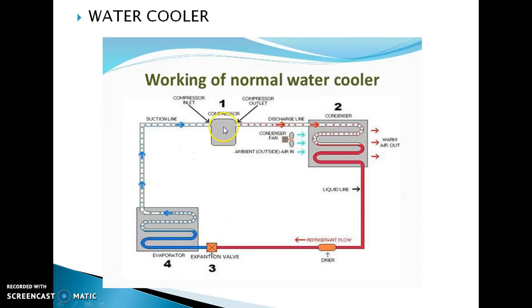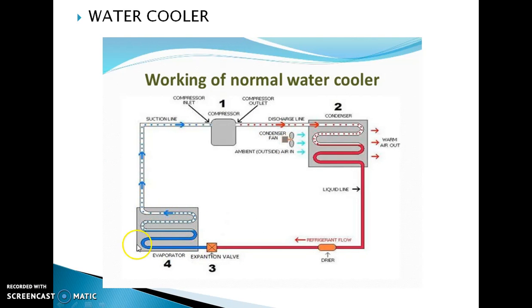So the compressor compresses the refrigerant to high pressure, high temperature. That refrigerant is then passed over a condenser. There is a condenser fan which helps in the condensation process. That low temperature, high pressure refrigerant is then passed to an expansion valve, where the refrigerant expands to a low pressure and low temperature refrigerant.